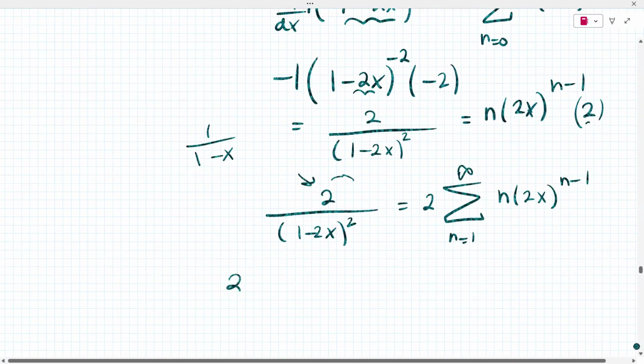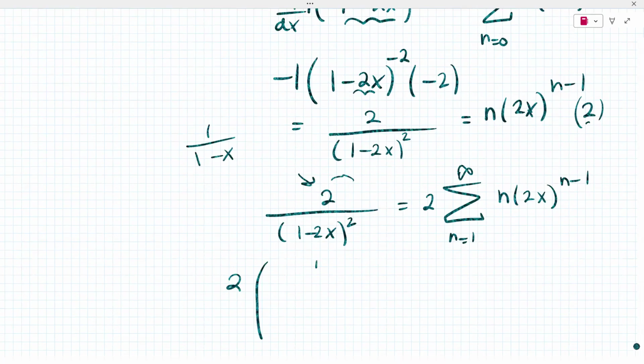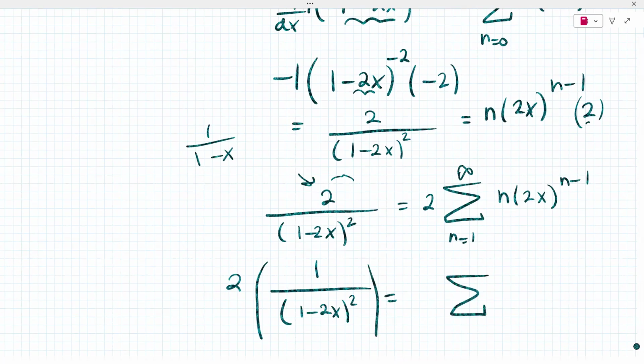So it's 2 times 1 over (1 minus 2x) squared equals the summation of n equals 1 to infinity of 2 times (2x) to the n minus 1.